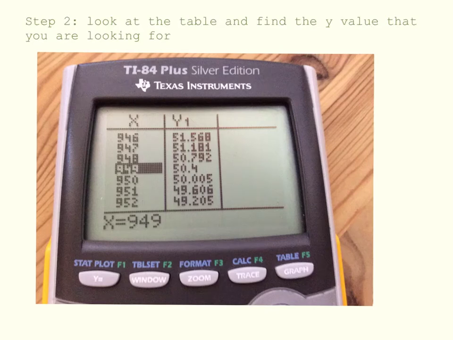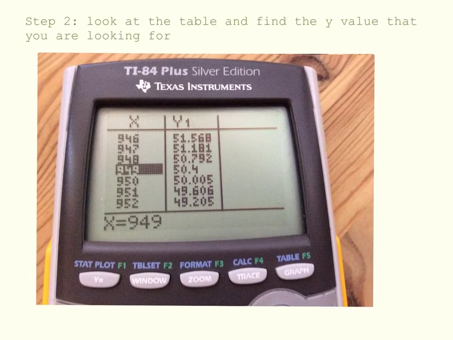So now I look at my table, and I am going to have to scroll a little bit, but it's less than before, because now the x's are in the 900s, and here's our y's. We are looking for a y value of 50.4, so there it is right there. And that corresponds to an x value of 949.